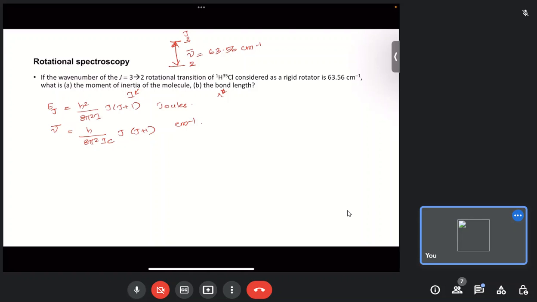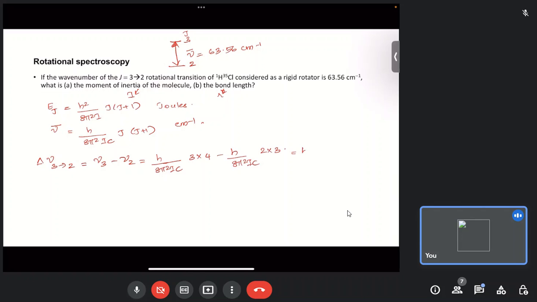Now we have to find how much is delta nu coming from 3 to 2. So nu 3 minus nu 2 is going to be h by 8 pi square I c into 3 into 4, minus h by 8 pi square I c into 2 into 3.